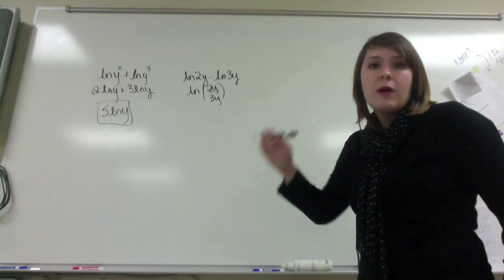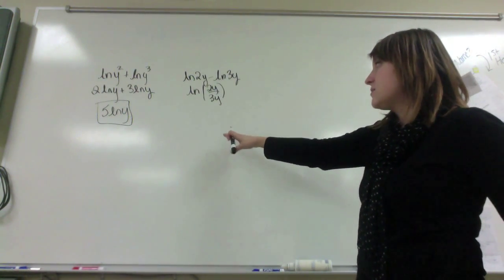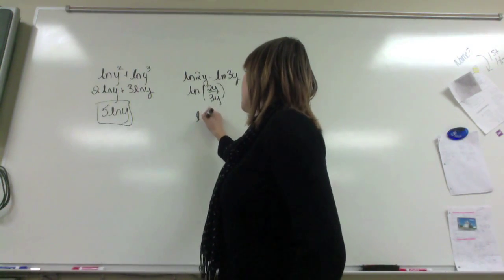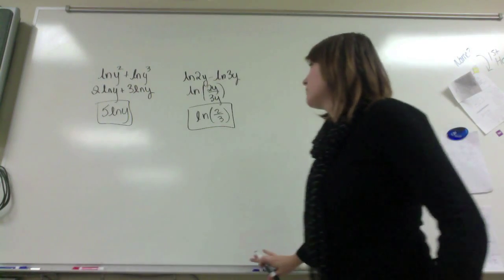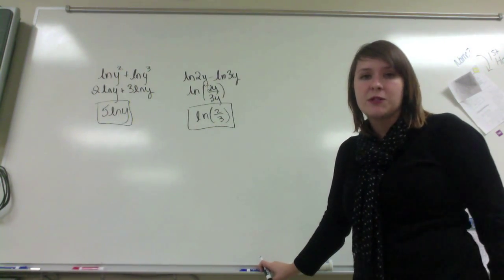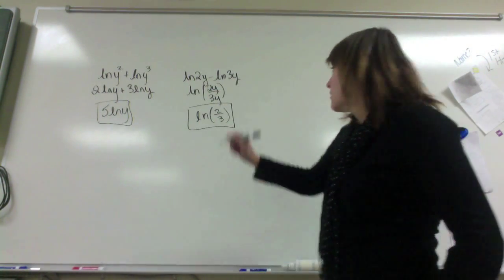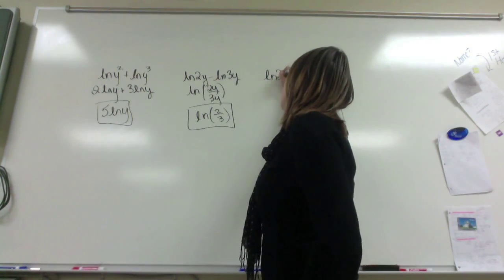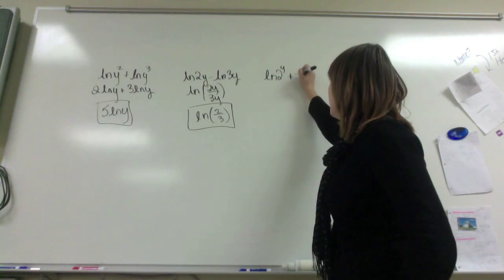Okay, so then when I look at that, I know that 2y over 3y, I can cancel those y's out, and I'll just be left with the natural log of 2/3. And you could go further, but it says to just write it as a single logarithm, so we're just going to leave it like that. Okay, the next one we've got is natural log of 2 to the y plus natural log of 3 to the y.